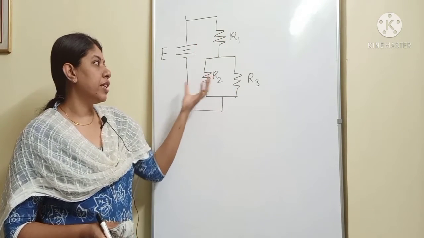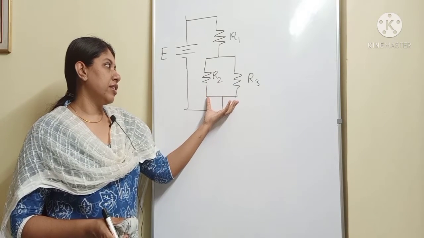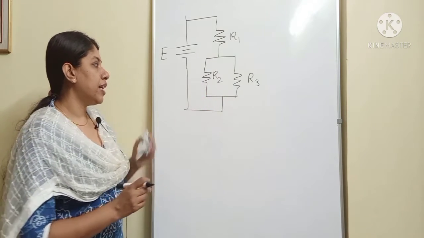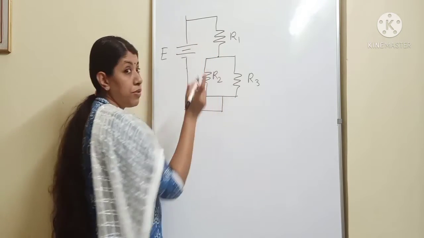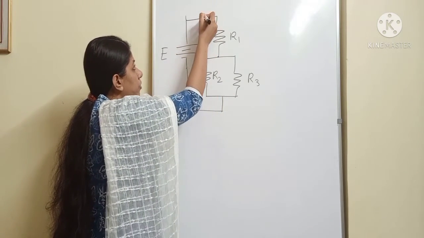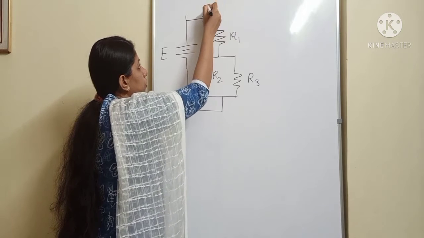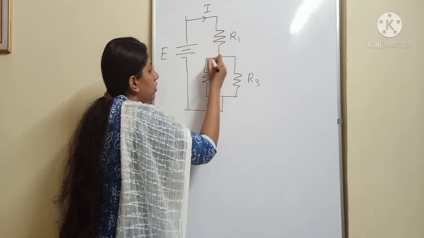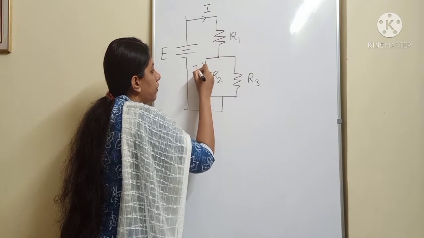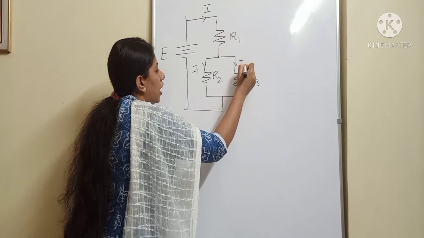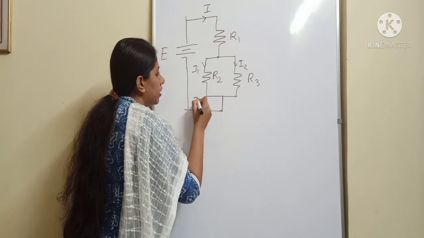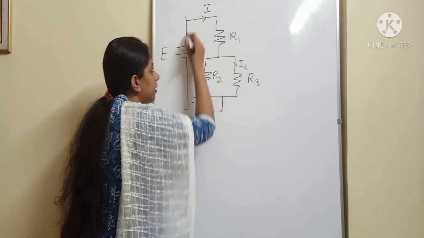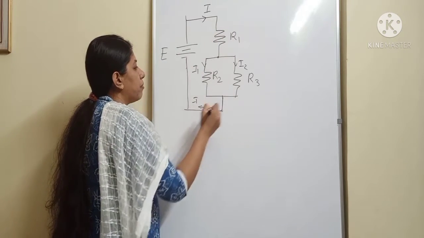How can you identify? Consider this part of the circuit. First we will mark the current. Because of the applied voltage a current I will flow through the circuit. At this point the current will divide into two, I1 and I2, and the current flow will be completed like this.